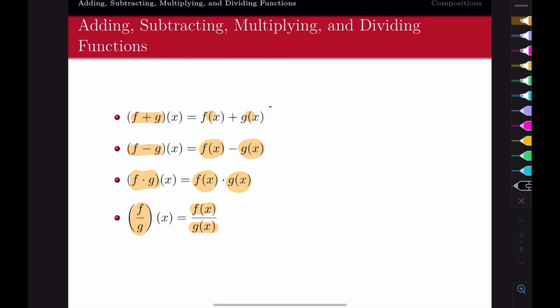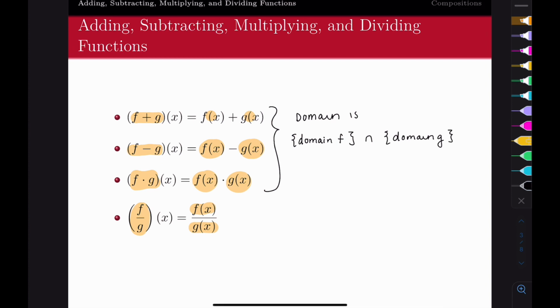So for all of these, when we talk about finding the domain, we're looking for the overlap of g and f. There's a short way we can write this: we take the domain of f, so all the values that work for it, and we take the domain of g, and we're looking for values in common, so we're taking what's known as the intersection.